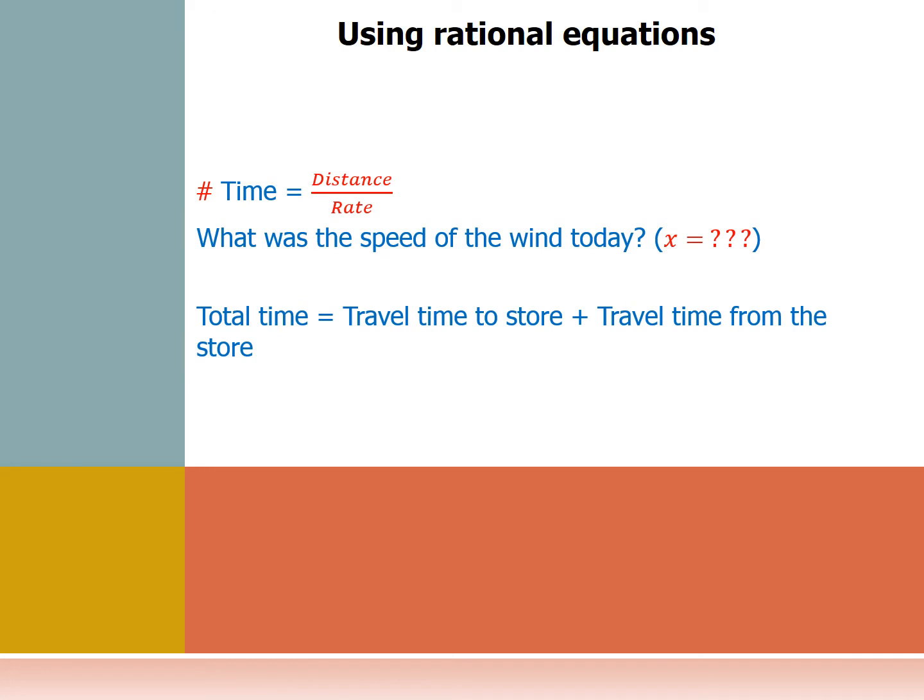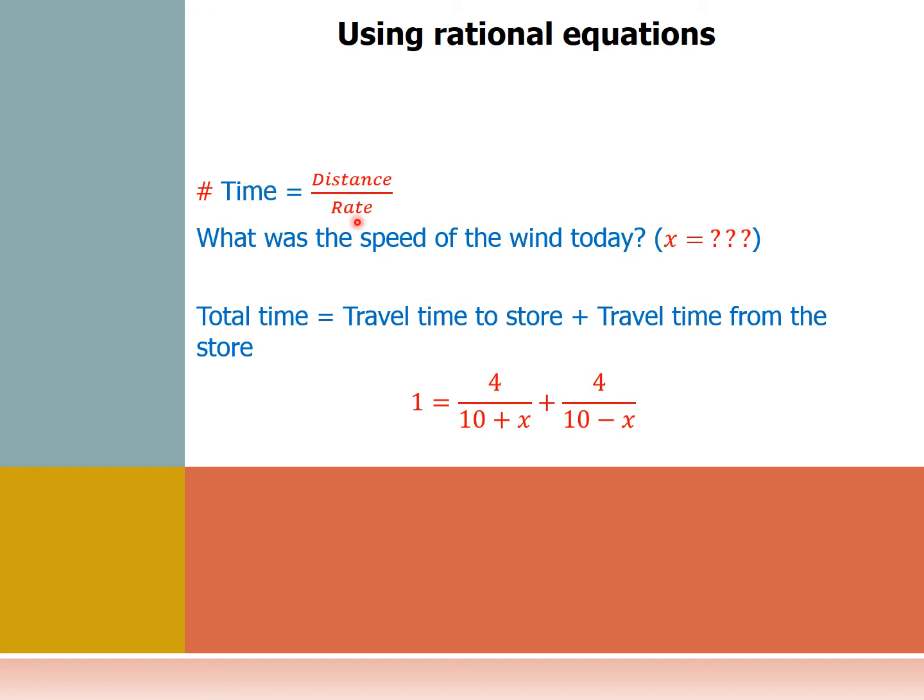So total time is equal to travel time to the store plus travel time from the store, because we have a round trip. Because the trip took 1 hour, here we have 1 hour equal to the time of travel to the store plus the time of travel from the store.